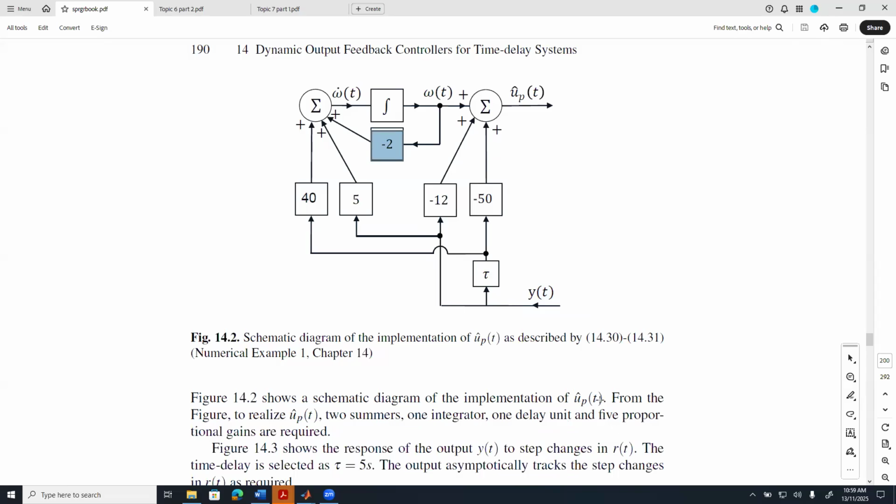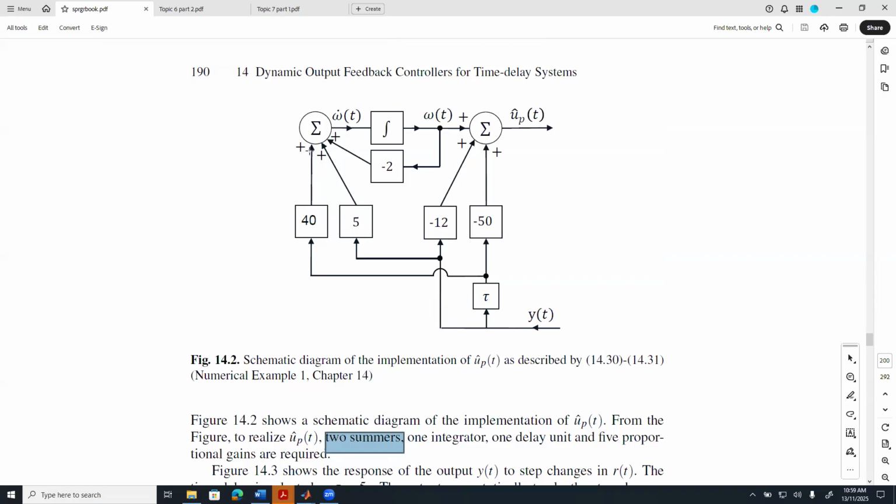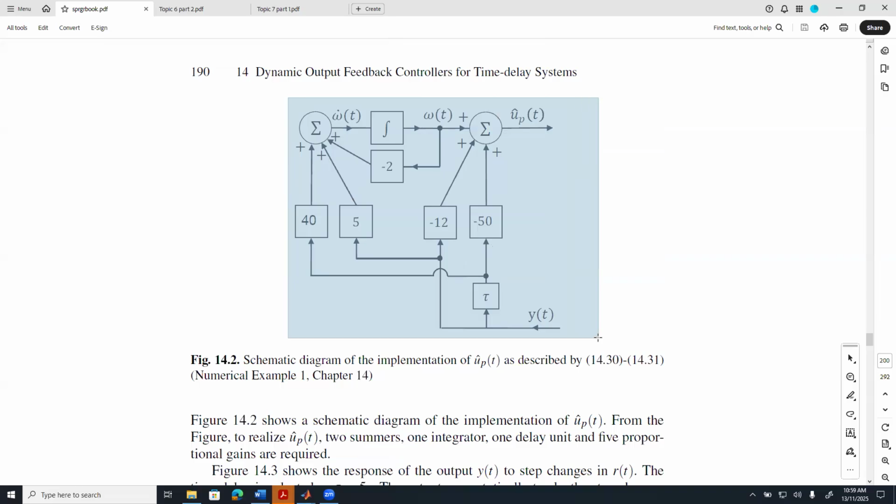That's what we call them. 5 proportional gains. That can be realized using op-amps and the like if we do the hardware implementation. And we have a summer here and another summer here. So we have two summers. They can be realized using operational amplifiers, and one integrator. So this is the schematic diagram, the hardware implementation of it.